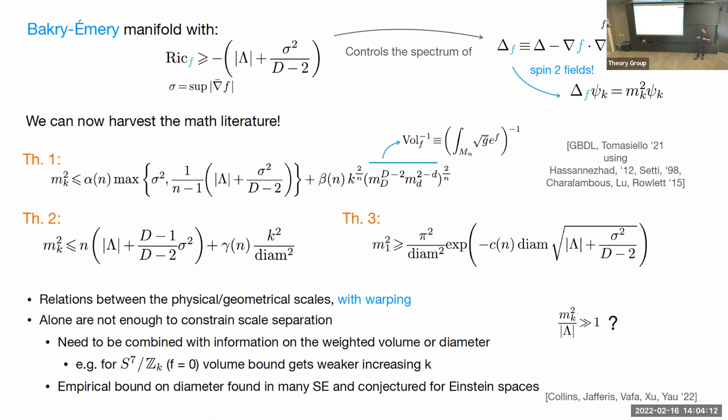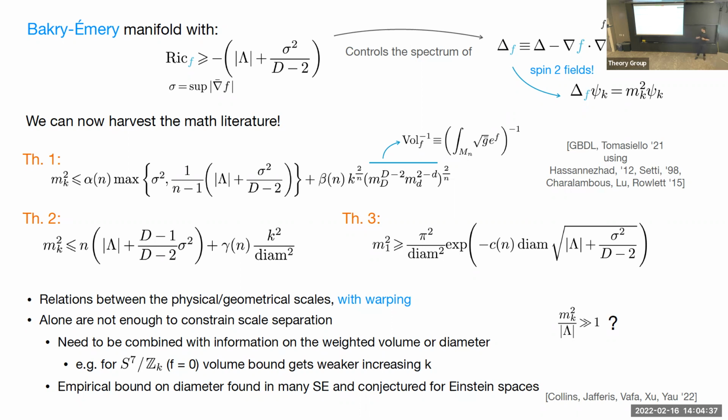And indeed, in very recent work, it has been noticed that by taking quotients of spheres, you cannot make the diameter lower than a certain threshold. And this has also been proven true in some examples in Sasaki-Einstein spaces. And it has been conjectured to be true for Einstein spaces in general, that they have a lower bound on the diameter.